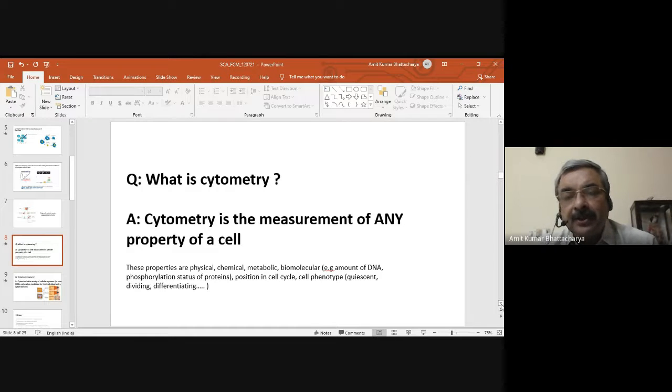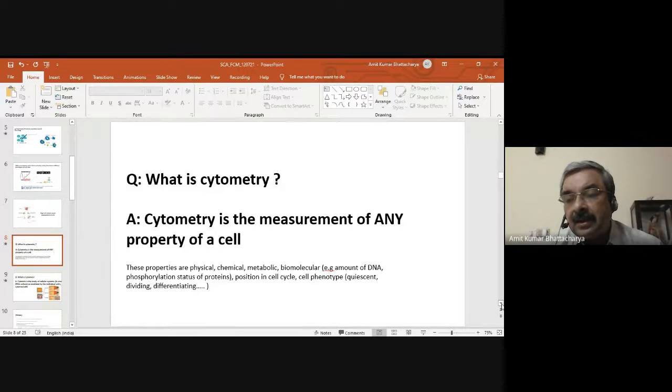And here you will measure all the properties of a cell that you can think of. These could be physical properties like the size of a cell. It could even be optical properties of a cell. It could be what small molecule chemicals are present inside, metabolic chemicals, the amount of proteins. So this is what cytometry is about.